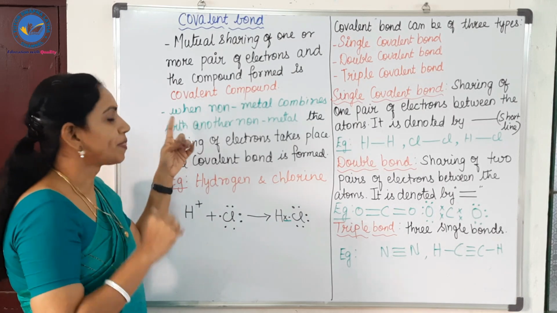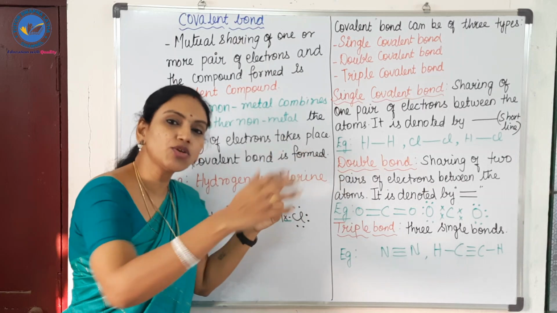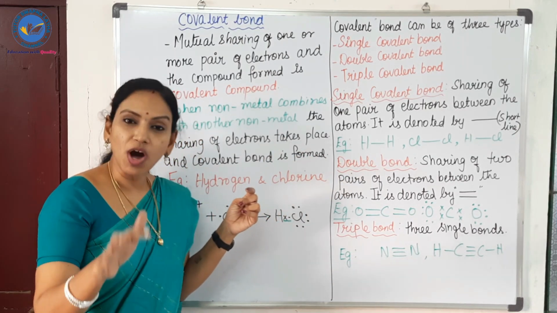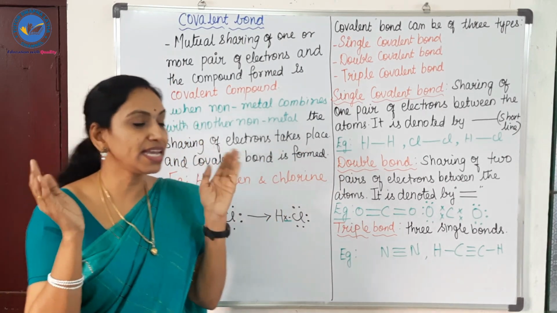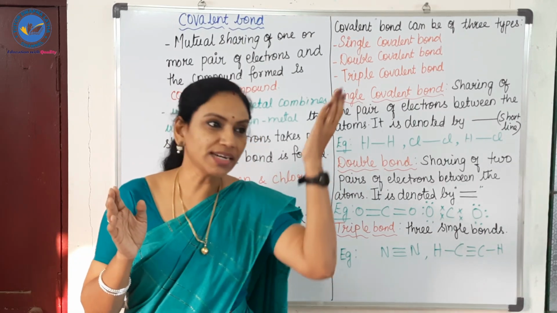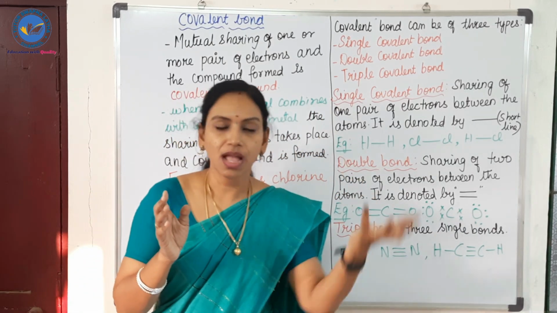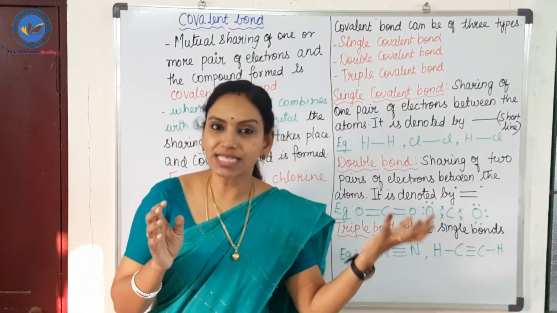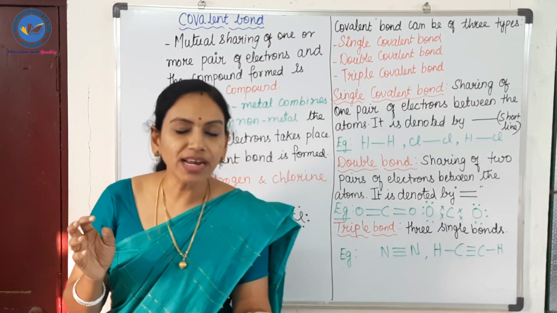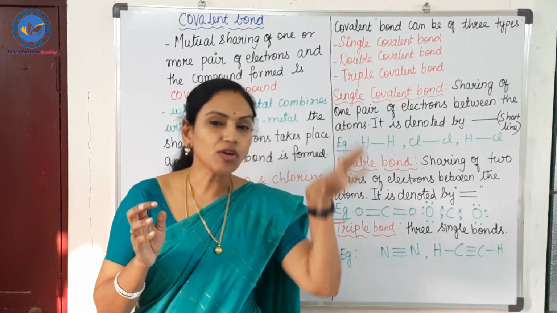Now, there's one more point. When a non-metal combines with another non-metal, you all understood. Like in my periodic table chapter, I told you that group 1A and 2A elements are all metals. 1A elements are called alkali metals and 2A elements are called alkaline earth metals.